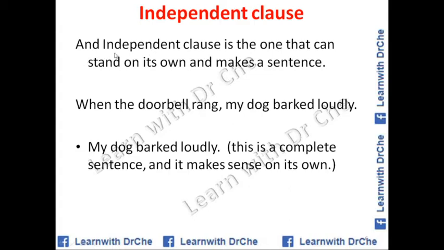Independent clause. An independent clause is one that can stand on its own and makes a sentence. If you separate it from the other sentence, it can make a complete, understandable sentence. When the doorbell rang, my dog barked loudly. If we remove the first part, "my dog barked loudly" is a complete sentence and makes sense on its own.